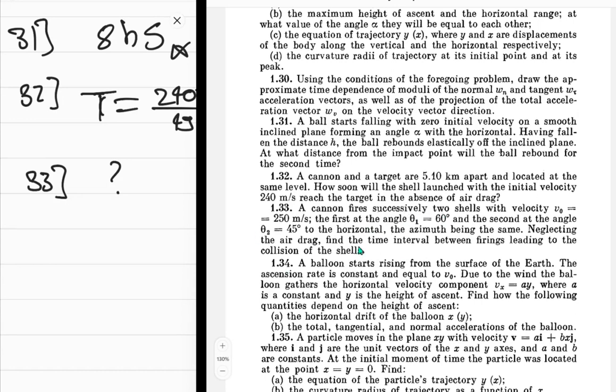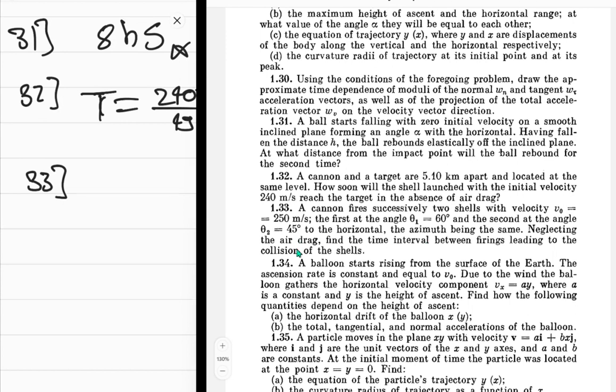So you gave us the angles, time interval between, okay, and both with the same velocity. Giving the air drag. Oh, I think it means they want us to do it simultaneously, right? Because everything is in fact fixed. You have V not fixed. You have theta 1, theta 2 fixed.